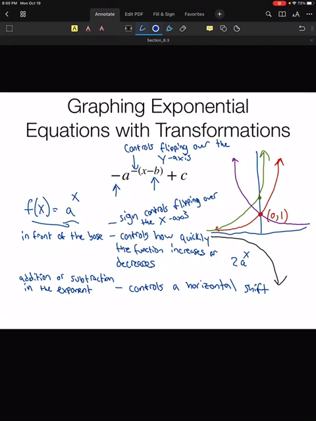As an example, x minus b in the exponent says I want to shift the graph to the right b units. So instead of this red function, let me do some erasing here.